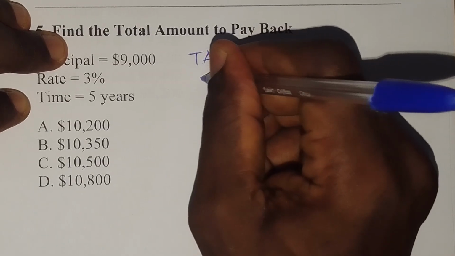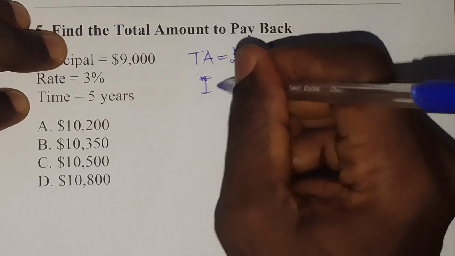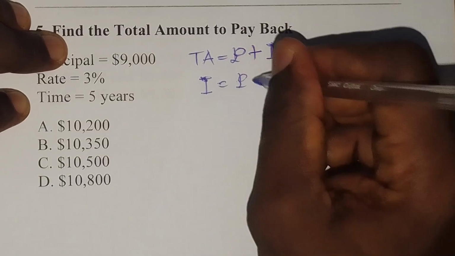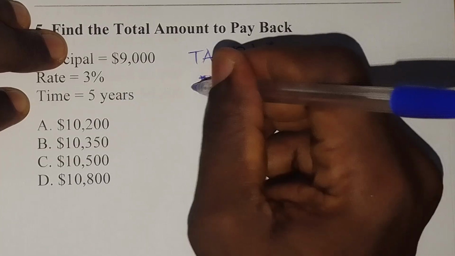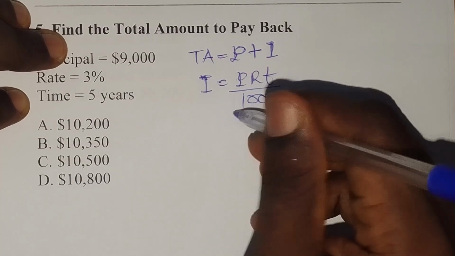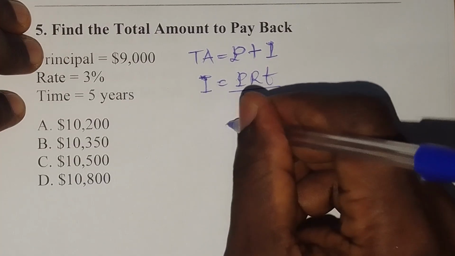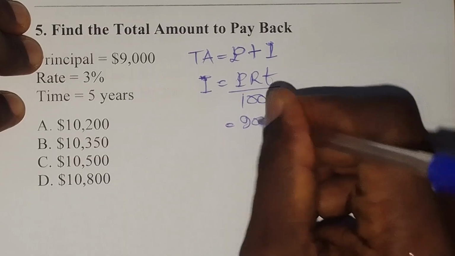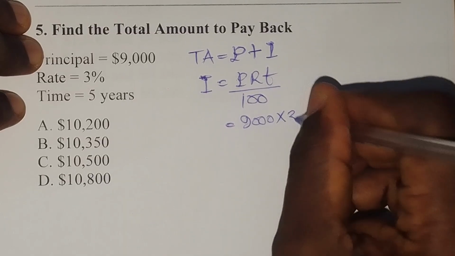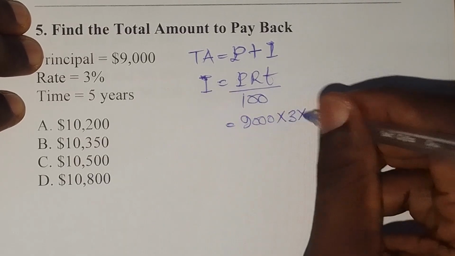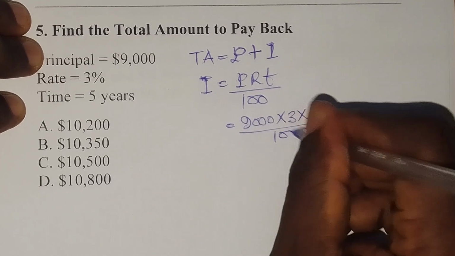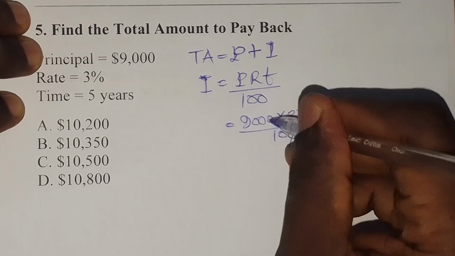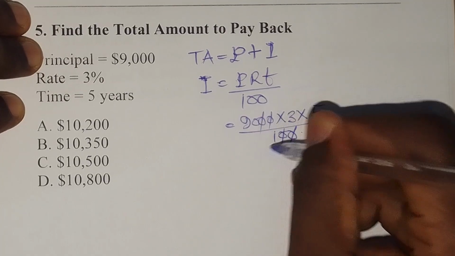The simple interest, or I, is equal to principal times rate times time all over 100. The principal is $9,000. 9,000 times the rate, 3, times the time, that is 5 years, divided by 100. Let's remove the trailing zeros.